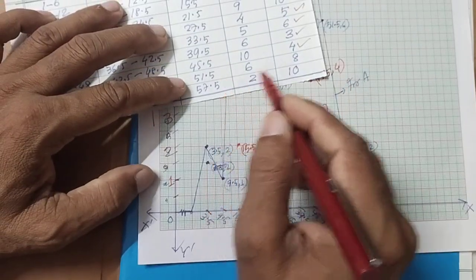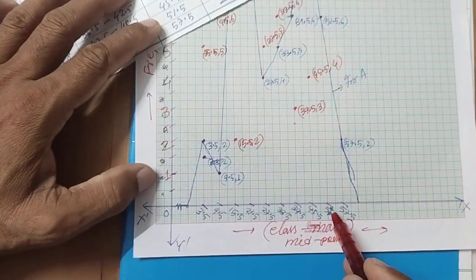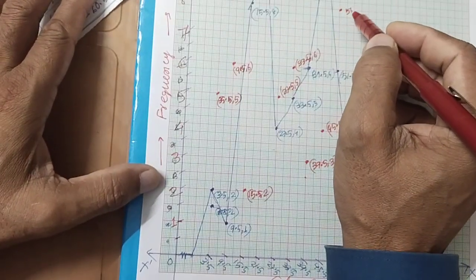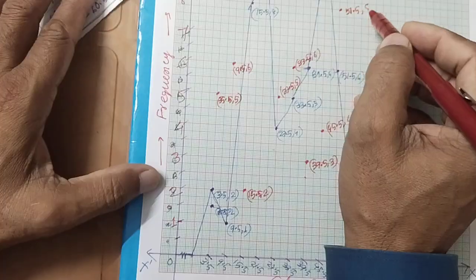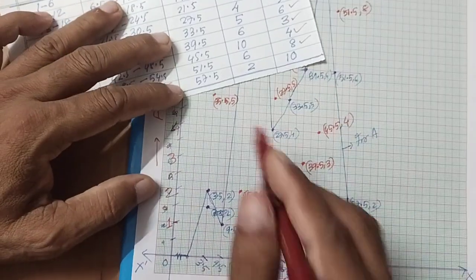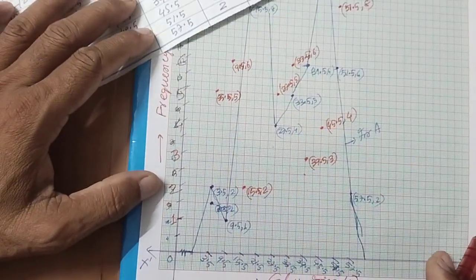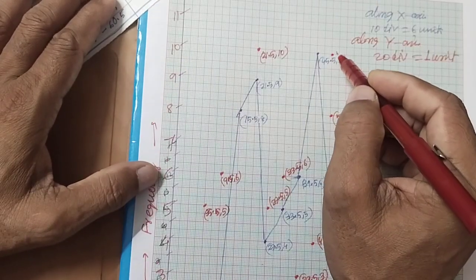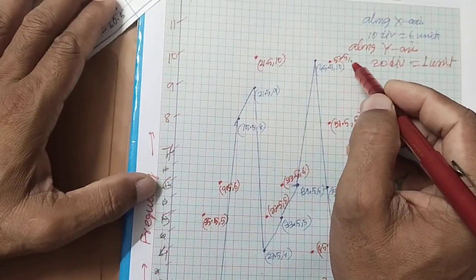Then 51.5 is 8. This is the point. Then 57.5 is 10 again. 57.5 should go to 10. This is the point.